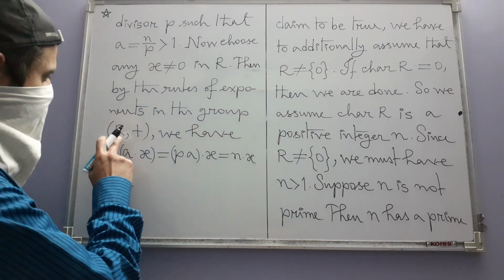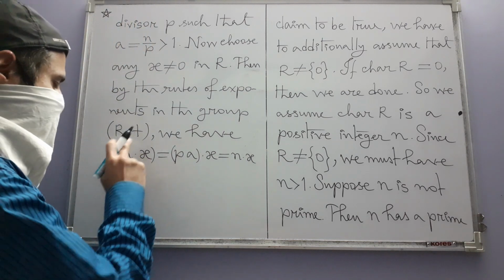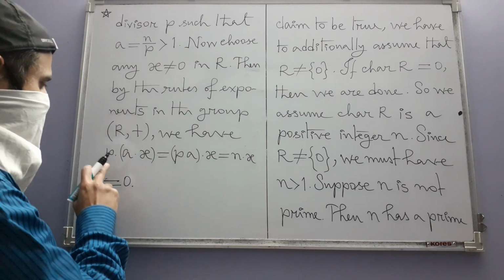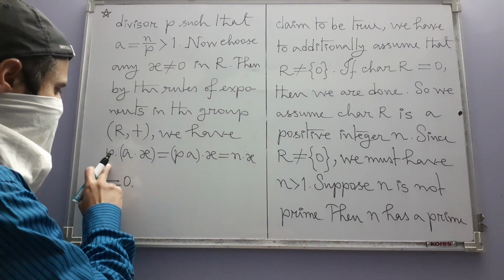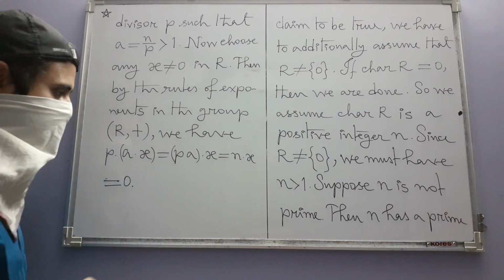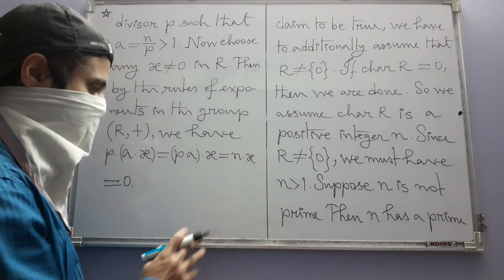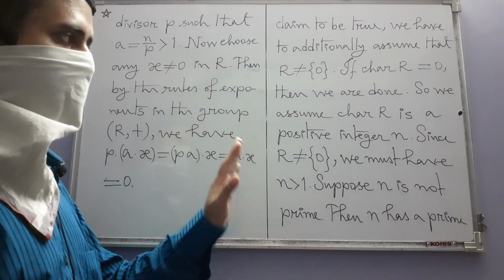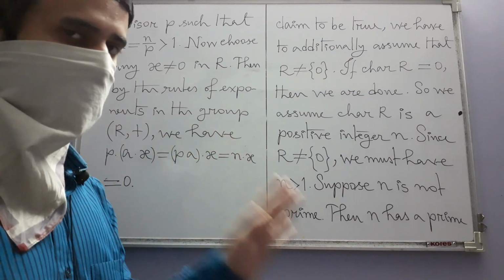Now if you forget for a moment that this is an abelian group and treat it just as a group, then in that group, what is this p dot a dot x? That is a general group in which we do not consider the fact that it is abelian.